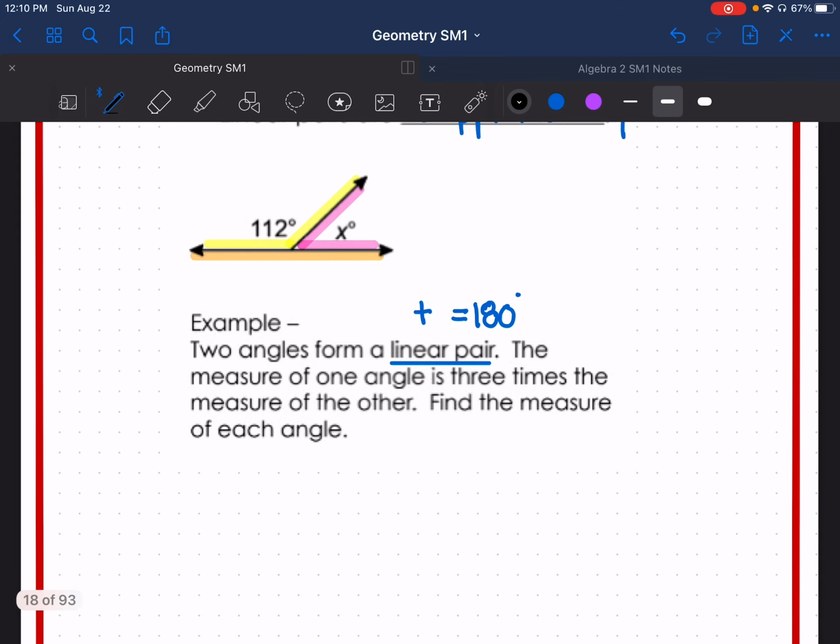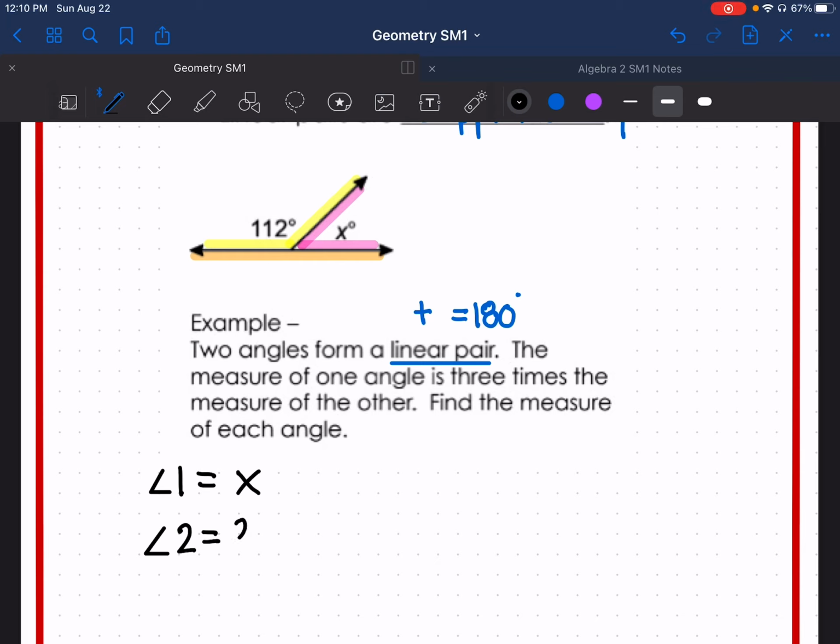So here we go. I have angle 1, okay, because I don't know what letters to use, so I can go ahead and call it angle 1. And I'm just going to simply call it X because they didn't really say anything about angle 1. But what they said about angle 2 is that it is 3 times the measure of angle 1.